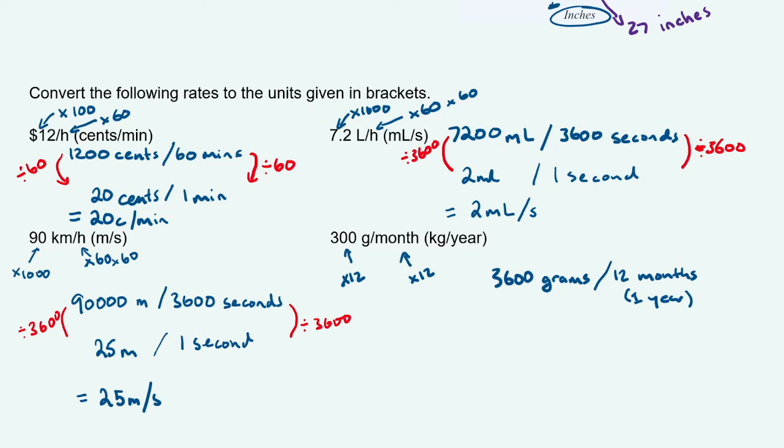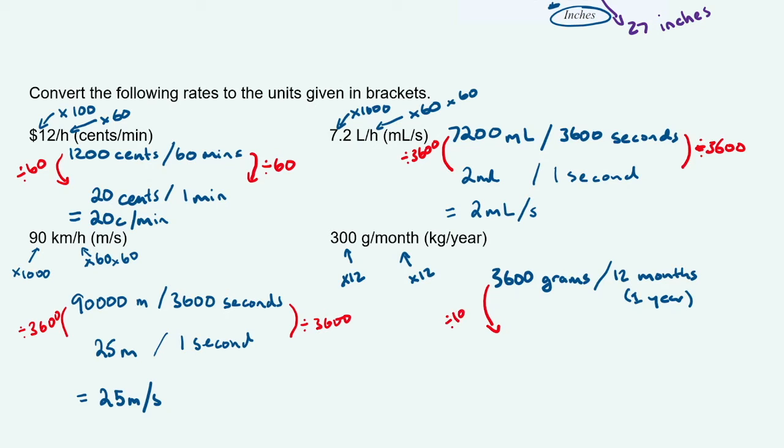So we're actually going to go back the other way this time, okay? Because we need to change what's actually going to happen in terms of the grams. So we've already got the 1 year. We already know that it's 3,600 grams for a year. We want to know kilograms, so we just need to change that unit of measurement. So we only need to do one side this time.